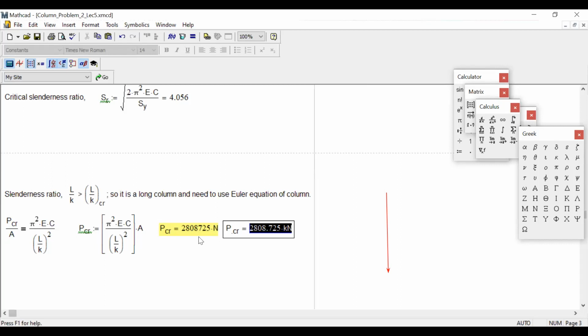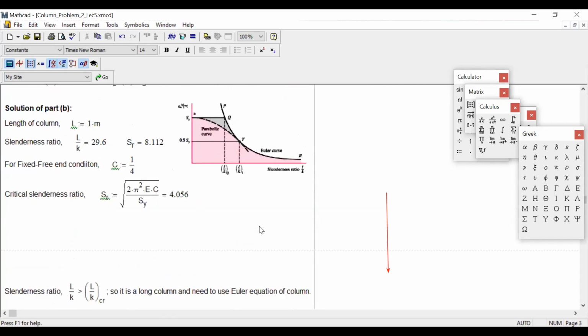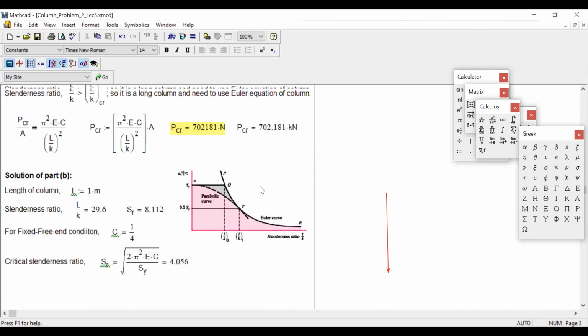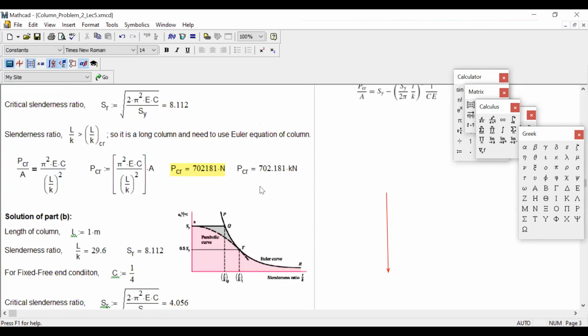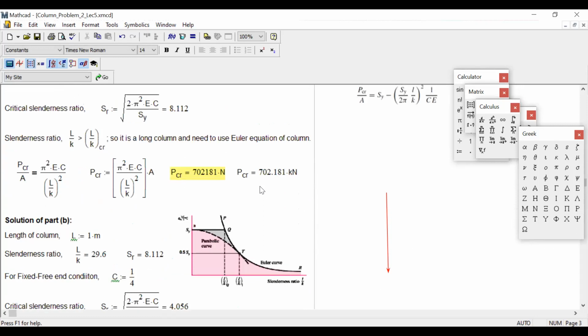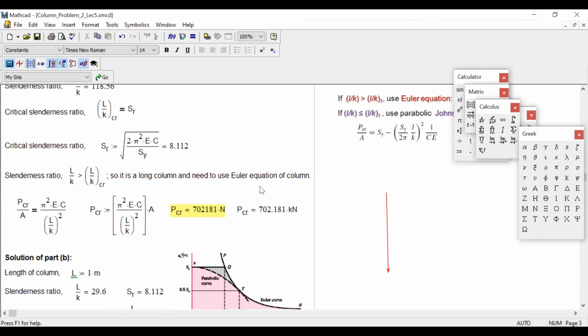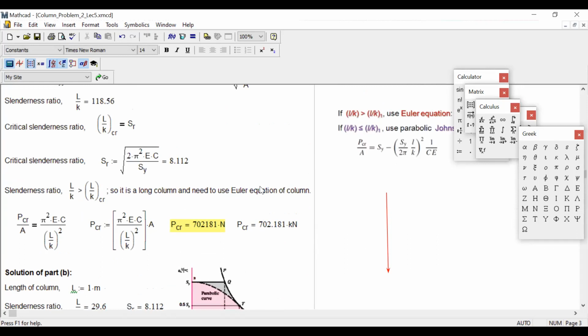If this is the same condition, then this value will be more than that, might be about 4,000 kilonewton. Okay. So this is very simple problem. We are trying to show you what is the effect of changing end condition and also changing length of the column. Now, any question, anyone?